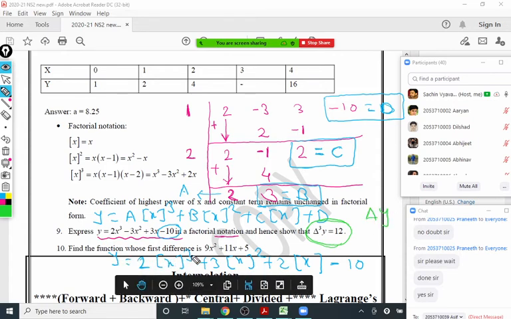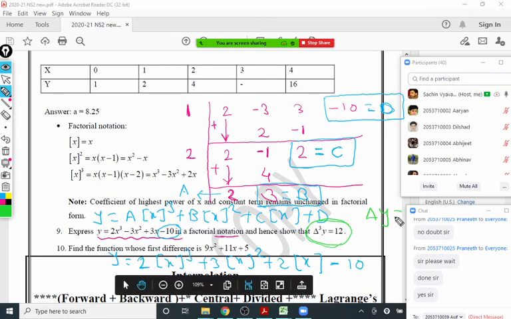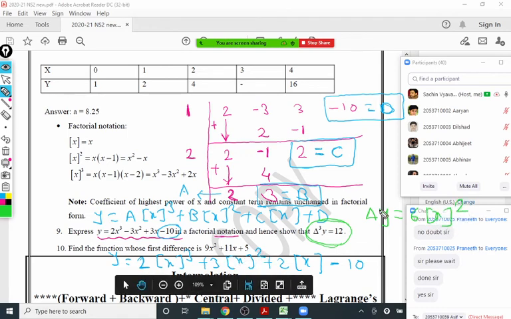So delta y is just like 2 into the derivative of x raised to n. What is the derivative of x raised to 3? It is 3x square. So this is 2 into 3, 6, and the third factorial of x is converted to the second factorial of x. 6 second factorial of x plus 6x, that is 3 into 2, like 6 into first factorial of x, and then plus 2 only.